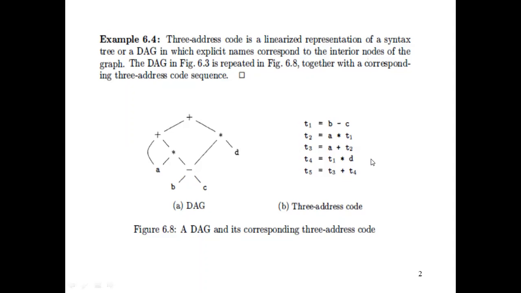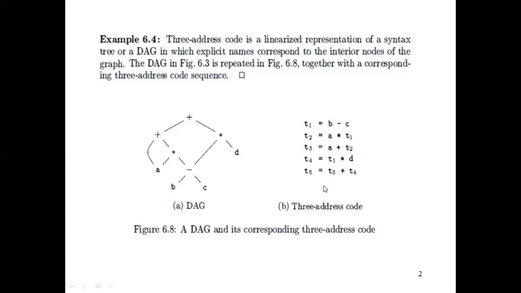Now look into the expression. Again you can see here T4 is equal to T1 into D. What is T1? B minus C. So B minus C we are going to add with one expression, and again B minus C we are going to multiply with another variable. In this manner, finally T5 is equal to T3 plus T4.